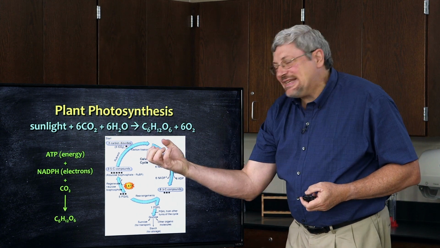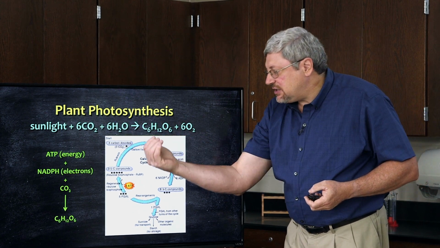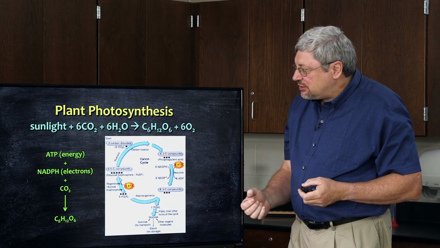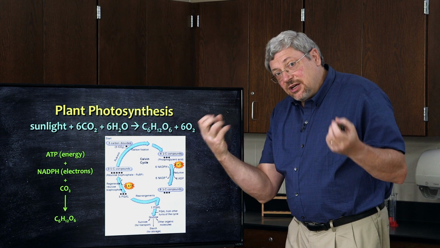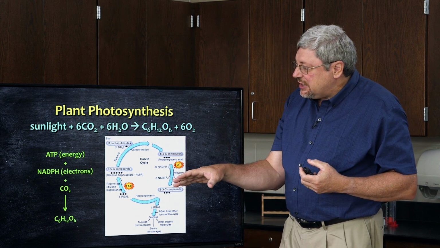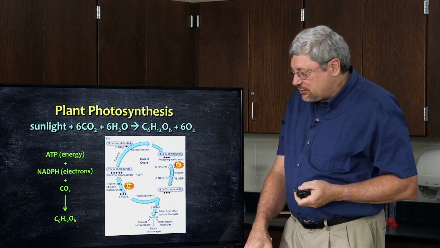What comes into this part of photosynthesis is ATP that we generated in the light-dependent reactions and some electrons. These are the things that we're going to need in addition to the carbon dioxide to ultimately produce our sugar.